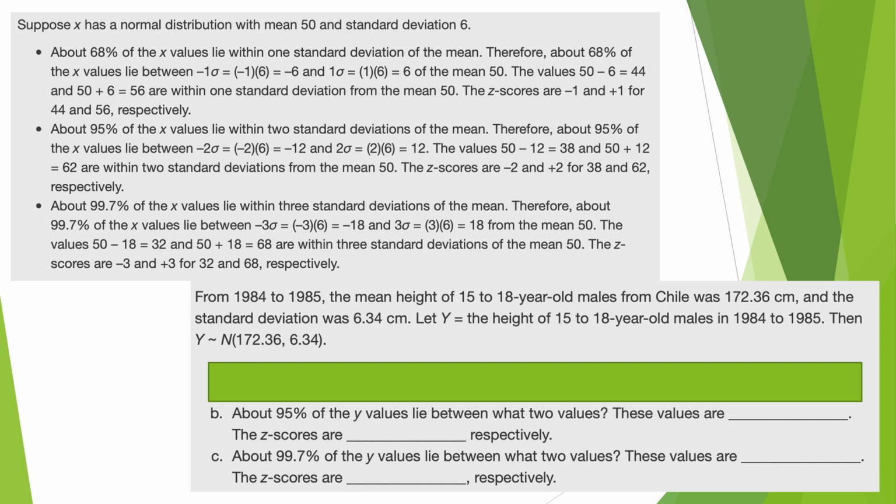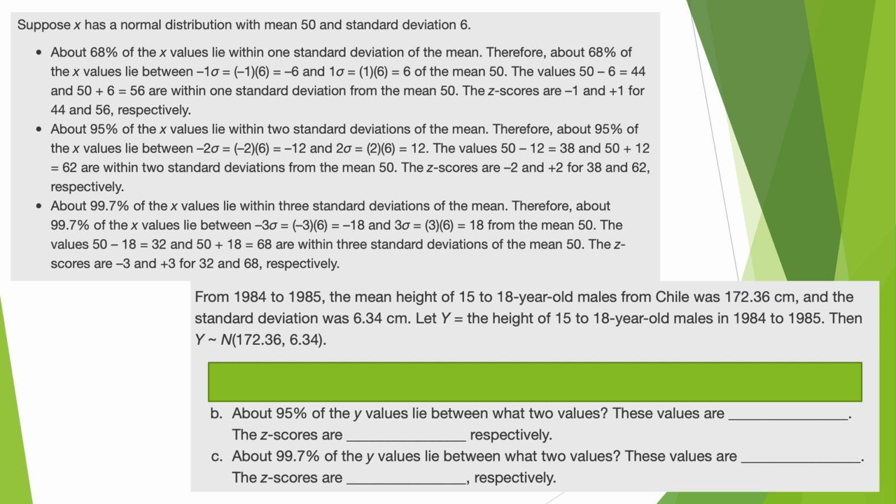Now, if I go out one more level, between where the green and the brown met on the graph, that's about 95% of the scores. So that's down 2 standard deviations and up 2 standard deviations. If I go down 2 standard deviations and each standard deviation is worth 6, that's minus 12. And if I go up 2, that's plus 12. Well, remember, the mean is 50.